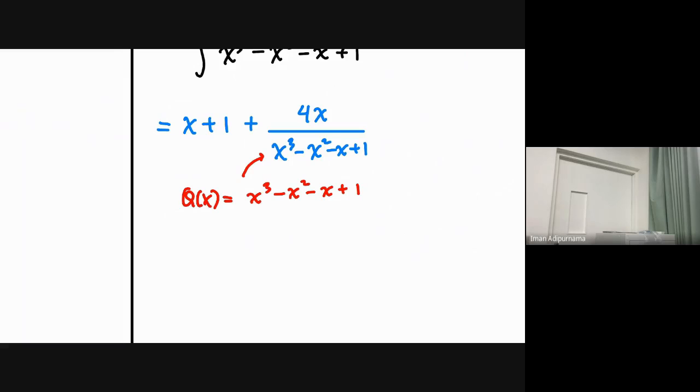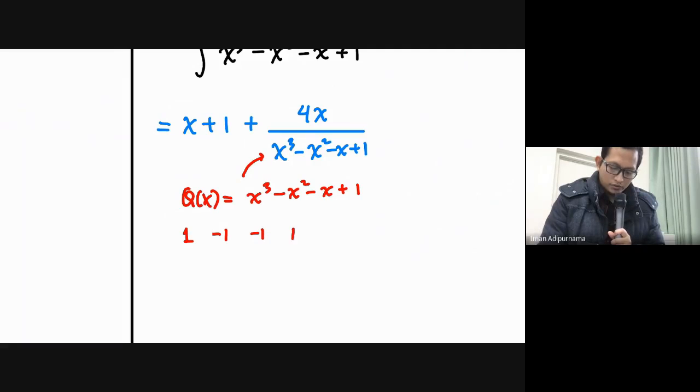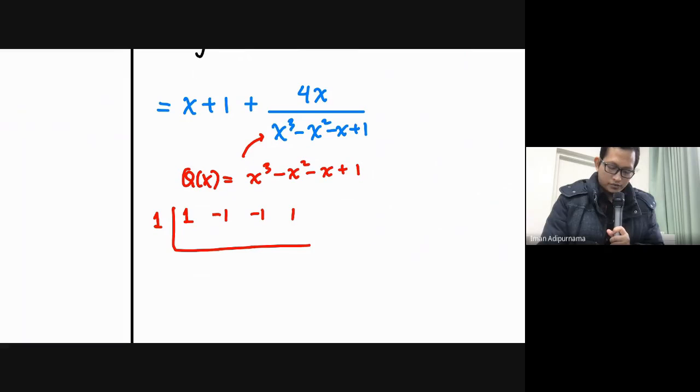And because 1 is a factor, I can use synthetic division for polynomials to find the other factors. -1, -1, 0.